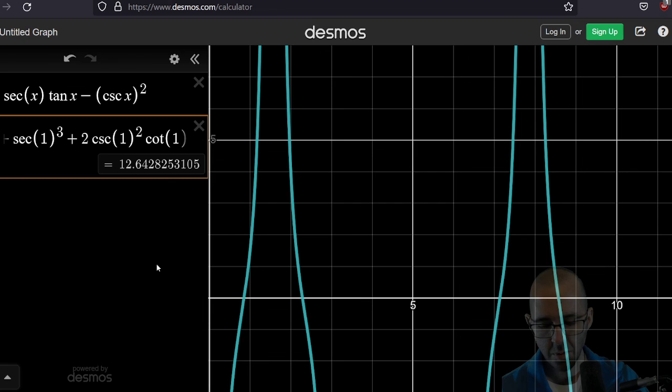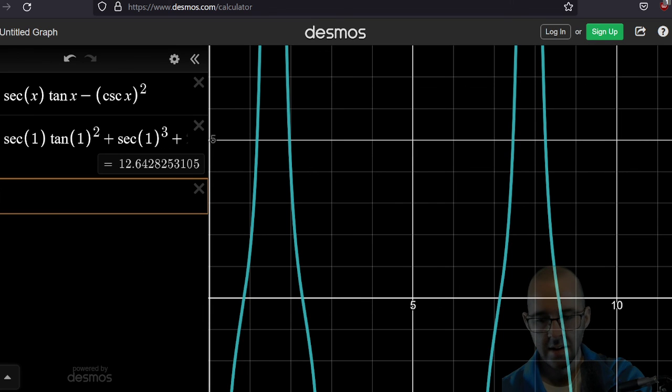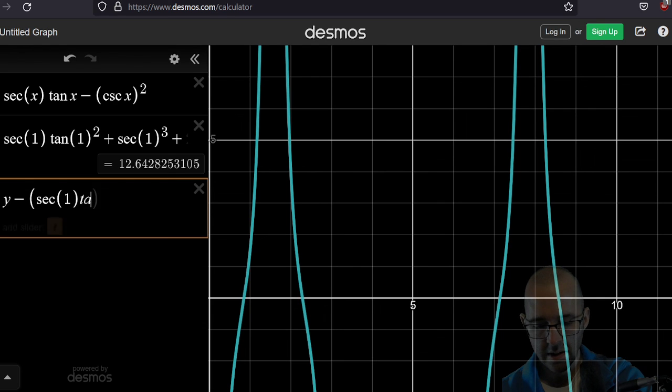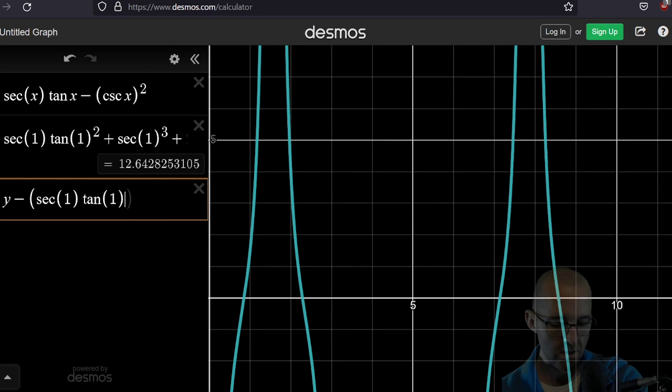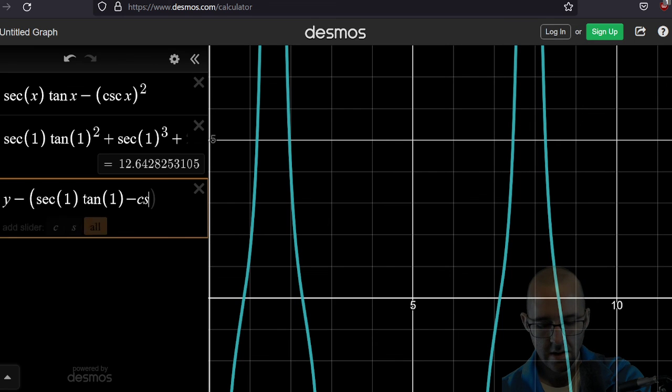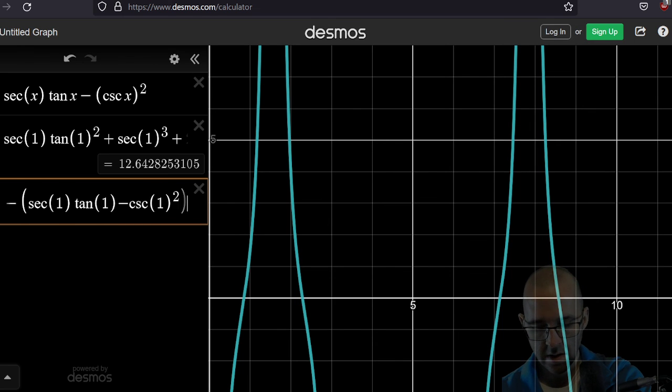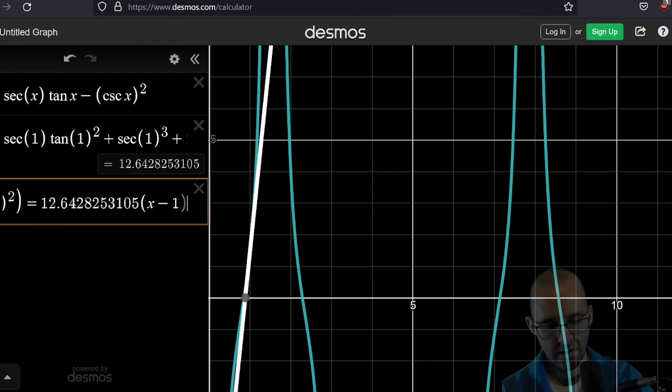So that should be the slope when x is equal to 1. So y minus, when x is equal to 1, is going to be secant of 1 tangent of 1, which is just the y prime, equals the slope, which is about this, times x minus x coordinate.